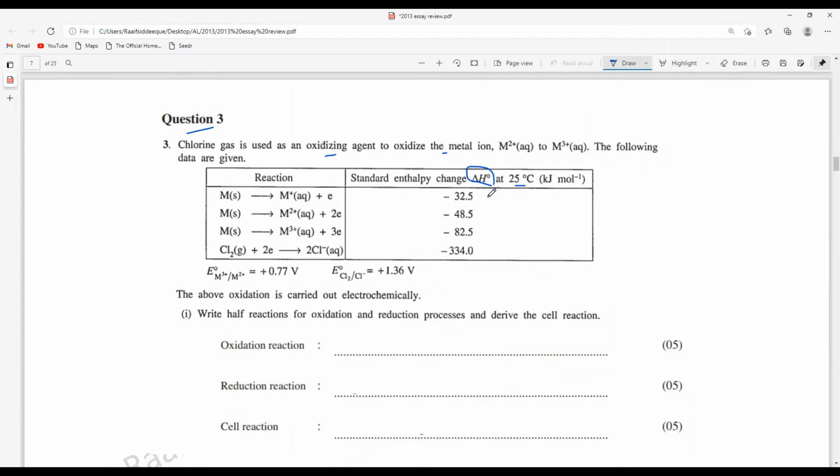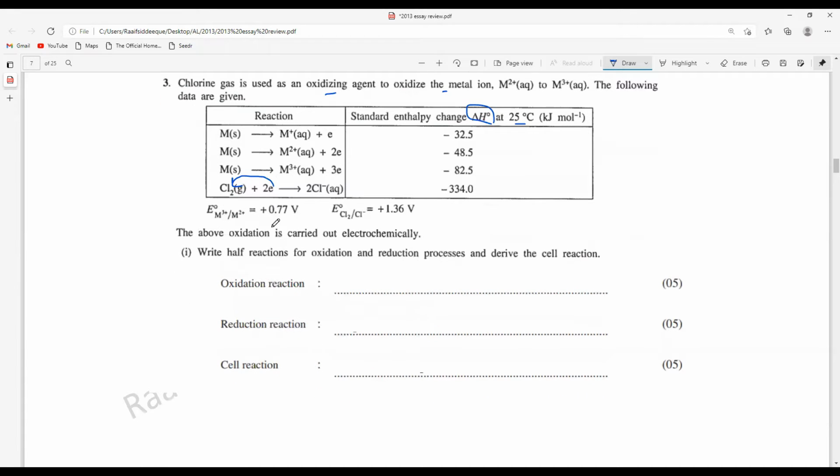All these values are given, and they also give the formation of chloride, which is the electron affinity basically, where we add electrons to Cl2, which forms Cl minus, and minus 334 kilojoules per mole is released, right?